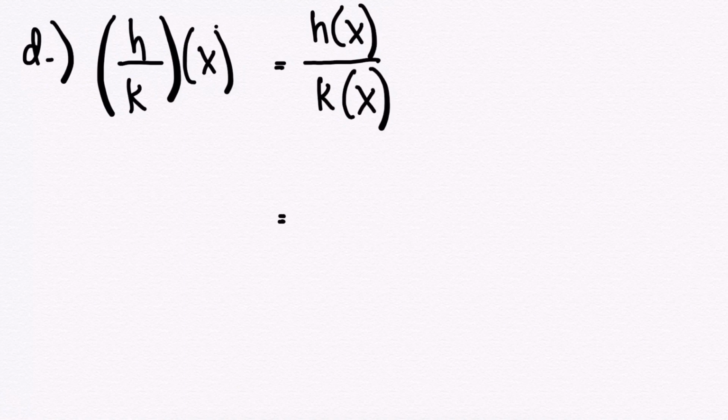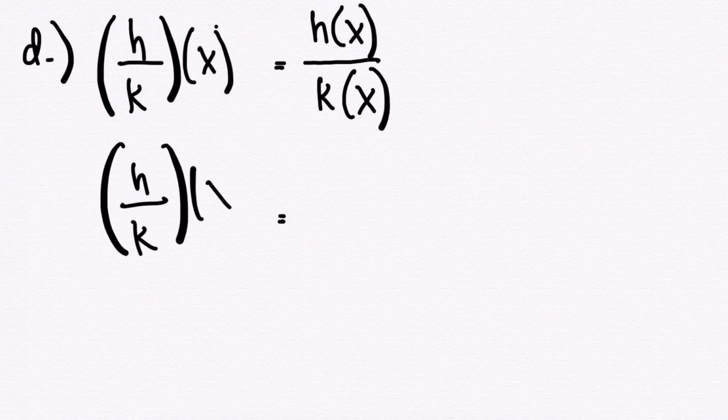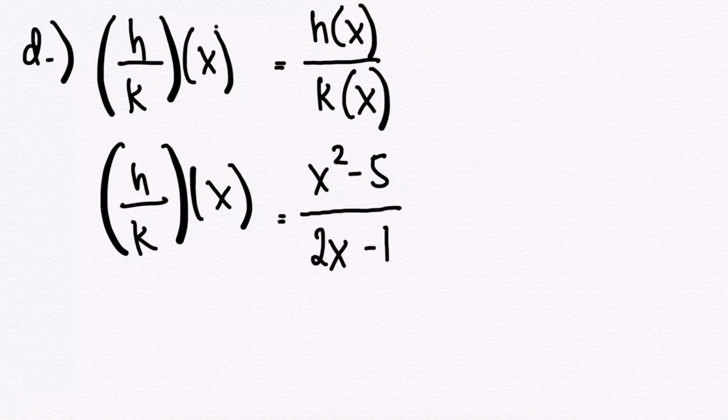H divided by k of x is equal to h of x, which is x squared minus 5, divided by k of x, which is 2x minus 11. Since there is no common factor for the two functions, this is already the answer.